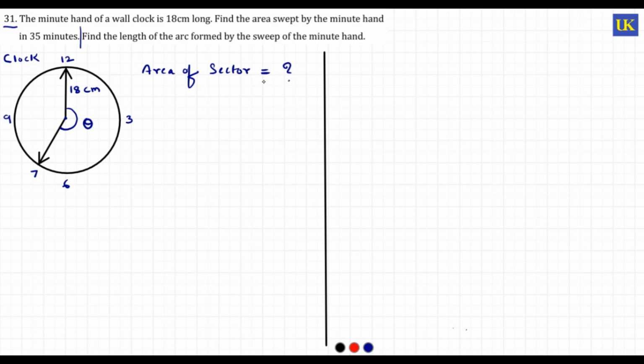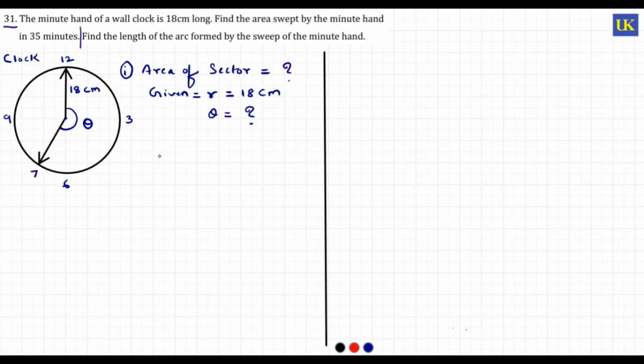Now what they have given here, in given, they have given the radius. Radius is 18 centimeter. And then what we require? We also require theta. To find the area of sector, we want radius and theta, but theta is not given directly, so we have to find that out.